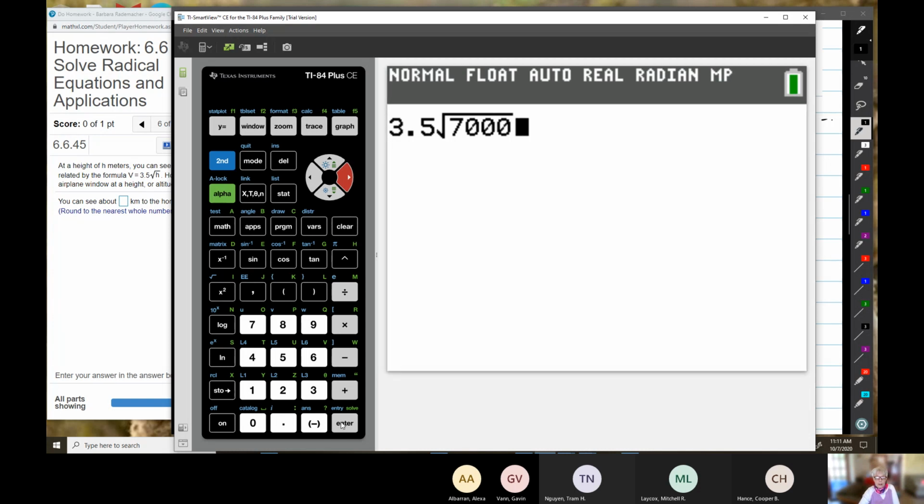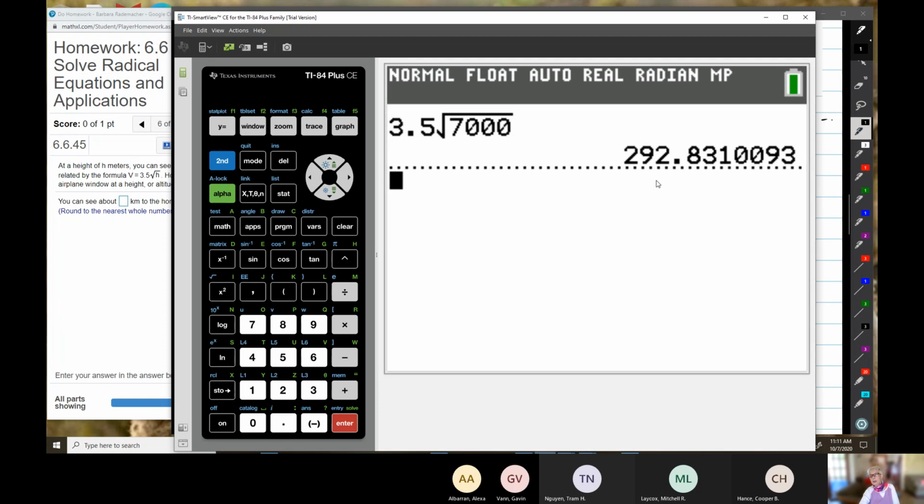Okay, so I'm going to hit enter. Now I get 292.83, and so on. They want the whole number part. The whole number part of any decimal is the part to the left of the decimal. But I have to round.